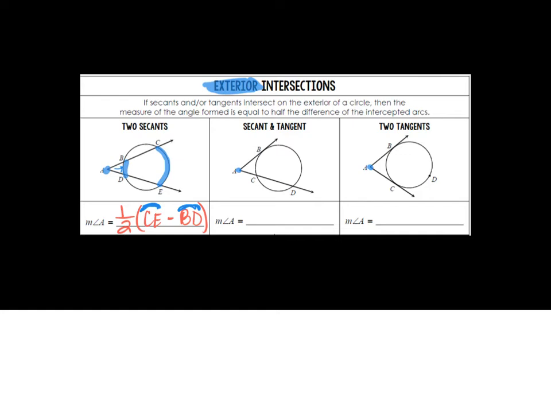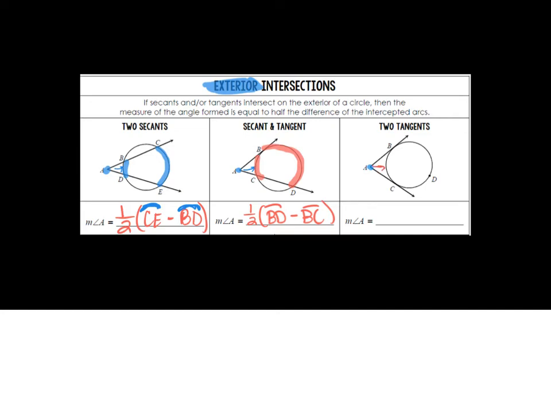Let's take a look at angle A. For angle A, we're going to draw an arrow across from angle A. And what we find out is that angle A is going to be half of arc. Let's see what the arcs are. The bigger arc is BD and the smaller arc is BC. Let's take a look at the last one. Let's point across to the arcs.